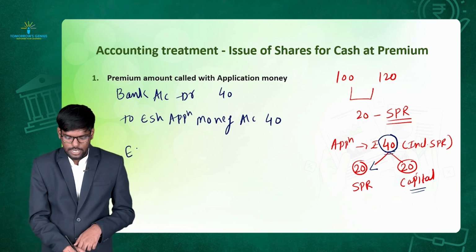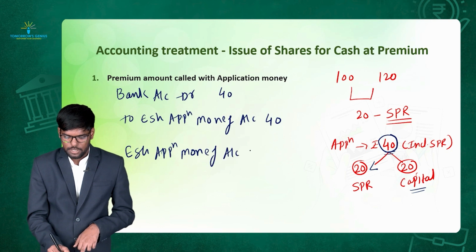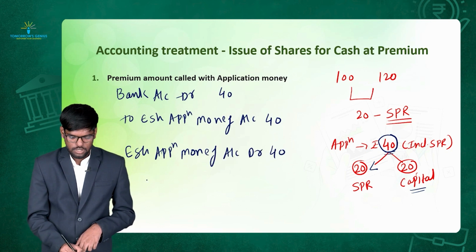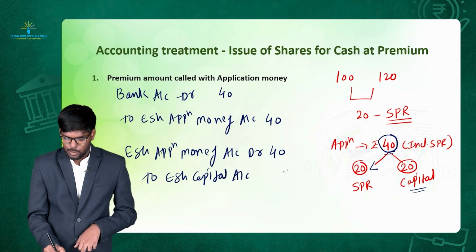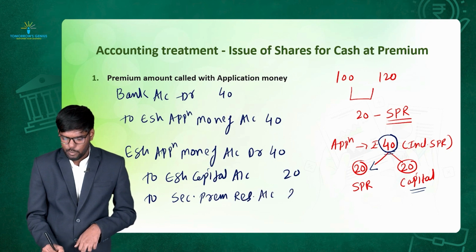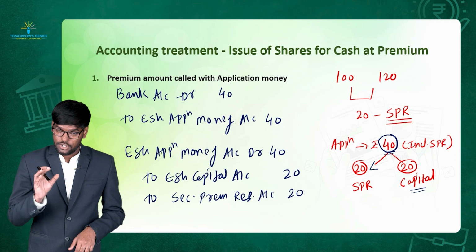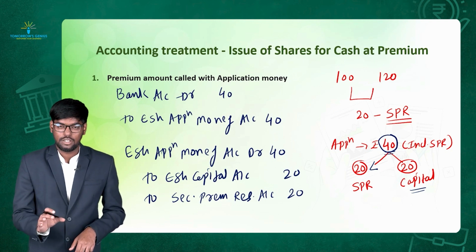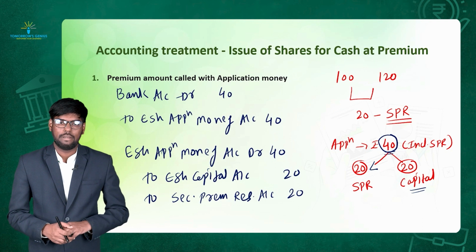See, equity share application money account debit 40 rupees to equity share capital account 20 rupees and to securities premium reserve account 20 rupees, right? So this entry we have to pass when the company is collecting premium amount along with the application money.